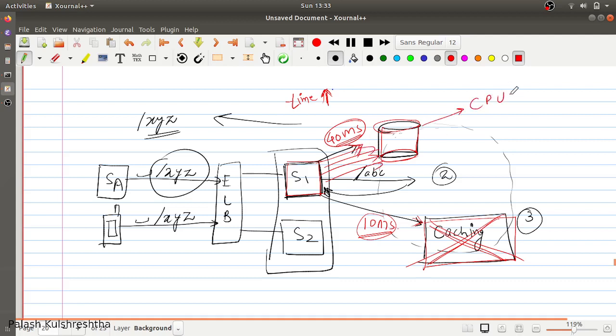The CPU or resource utilization on this database is going to increase, and since resource utilization increases, queries are going to take more time than normal. Under normal circumstances it would have taken 40 milliseconds, now it is going to take, let's say, 100 milliseconds.